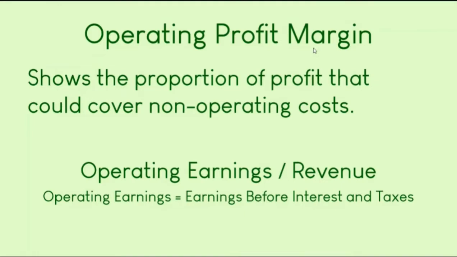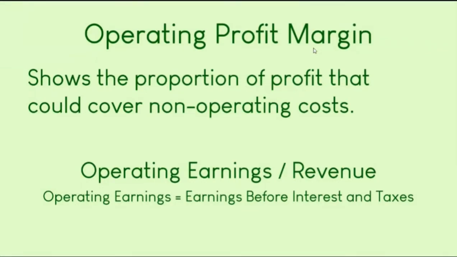So we get the value of the operating earnings. This is the earnings before interest and taxes, obtained from our net income. If there are interest and income taxes that are factored into getting the net income, those values have to be reversed.